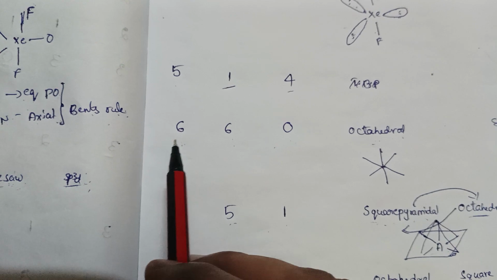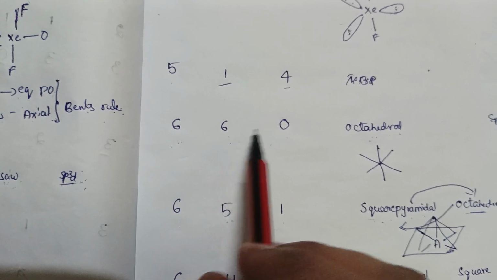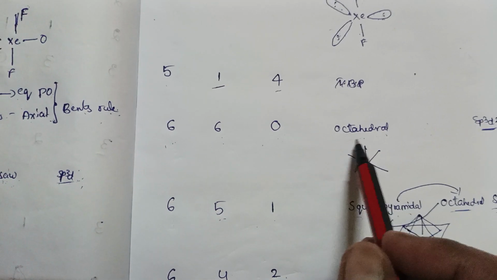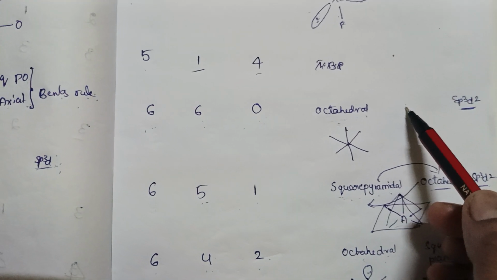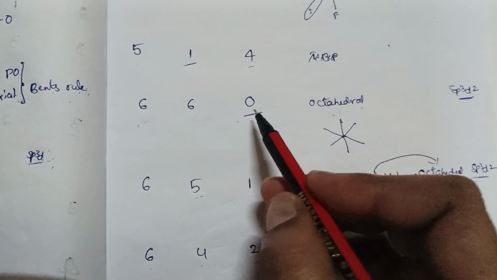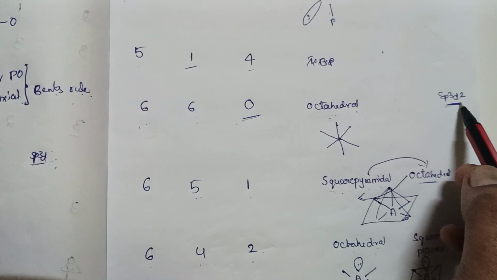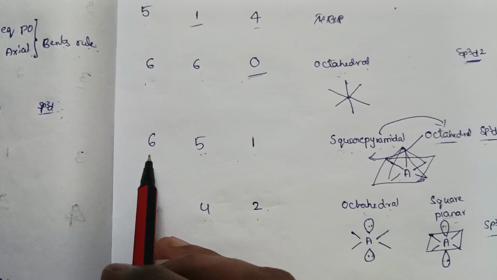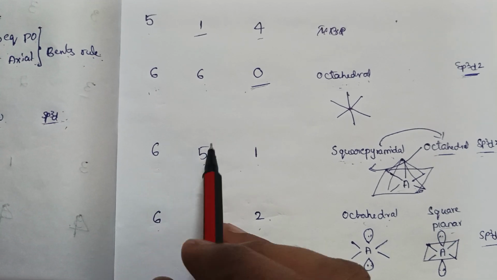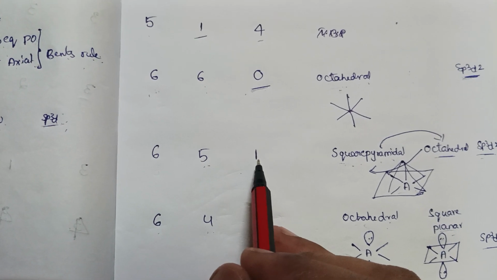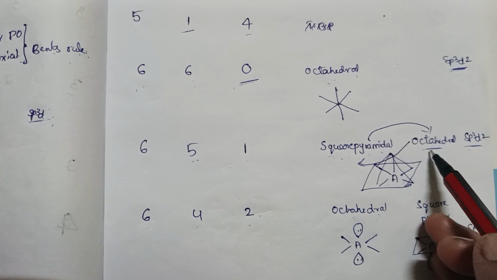If the Z value is 6 and there are 6 bond pairs and 0 lone pairs, the geometry is octahedral, and the shape is also octahedral because of 0 lone pairs, and the hybridization is sp3d2. If the Z value is 6, with 5 bond pairs and 1 lone pair present in the molecule, the geometry is octahedral.